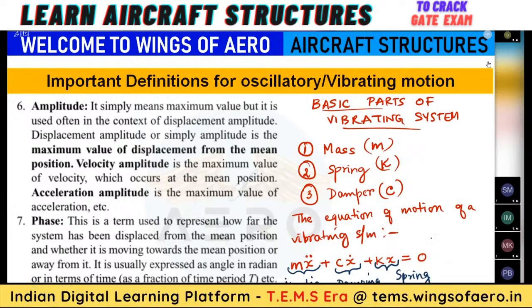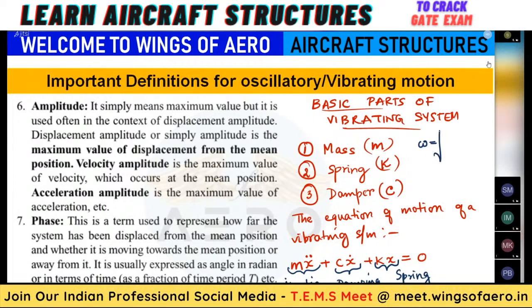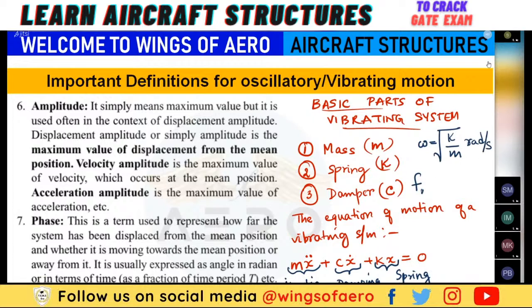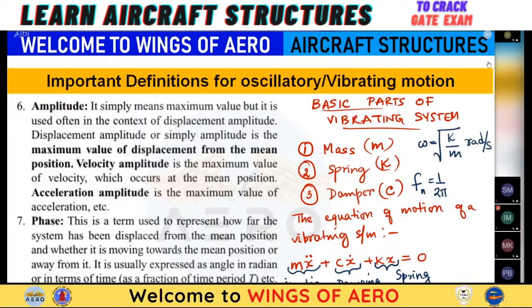Right. Now, I have already said how to find the natural frequency. Omega equals root of k by m, and its unit is radian per second. When you want to find it in terms of hertz, you use f equals 1 by 2 pi root of k by m.